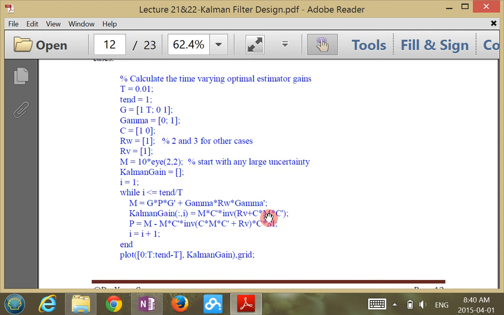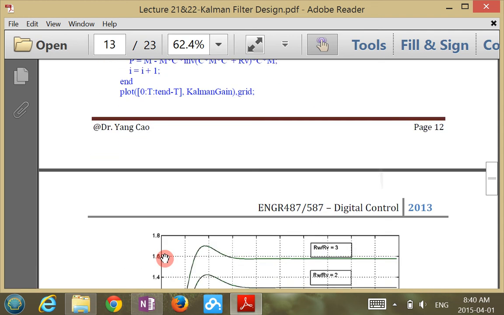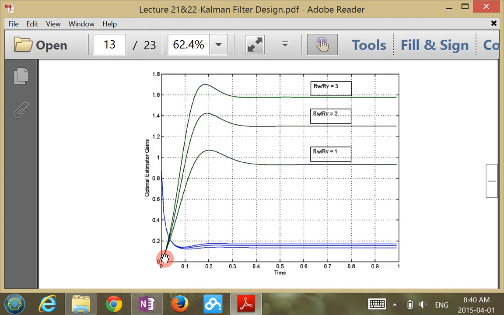Then at the end, I plotted the Kalman filter gains. Here is a system of order 2, so there are 2 states we are estimating. The gain K has 2 components; it's a vector, 2 by 1.